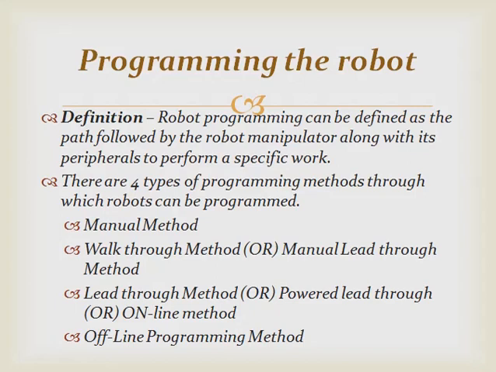Now we'll be in the last part of robot technology, that is the programming of a robot. This is also a very essential and important consideration in robot technology. So let us define it.